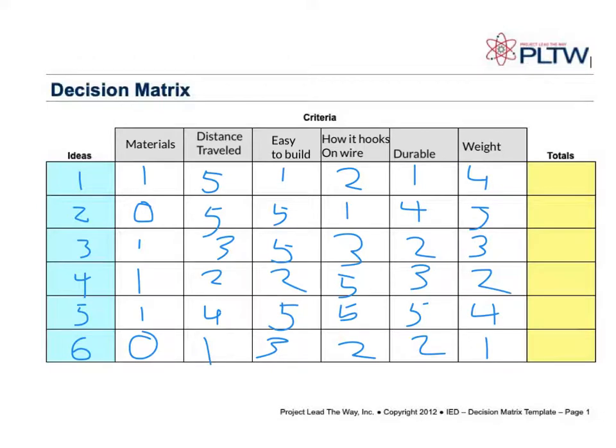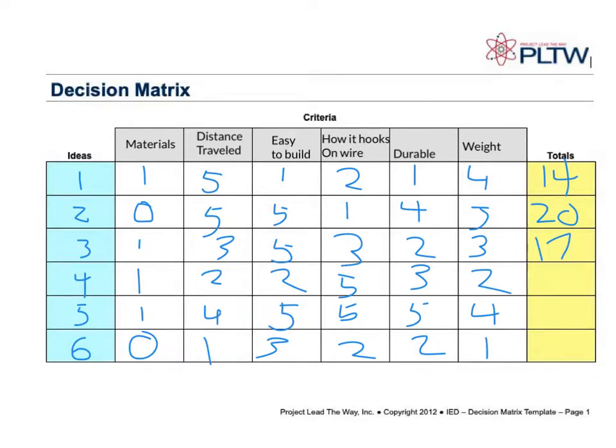Now, once I have all the criteria in here, I've rated all my ideas, I'm going to add up all these numbers. So as I add up across, this one's going to be 14. Add this one up, that one's going to be, let's see, 15, 20. Now I add the next one up. So we have 8, 9, 11, 17. I add up number 4.